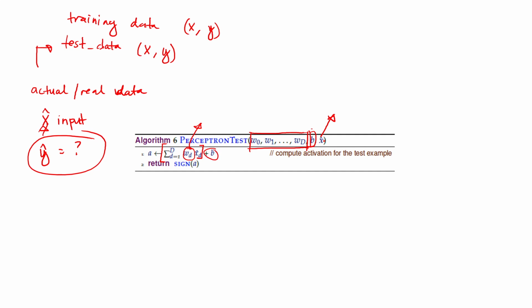And then we also have the bias here, and then we just compute the activation and then return the sign, whether positive or negative. And that's it. That's basically the basic concept of the perceptron algorithm.